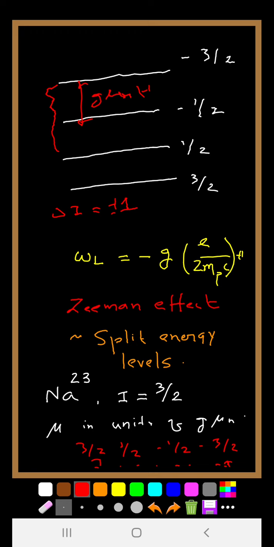Now, the condition required for resonance absorption is not delta I, it is delta mi, the selection rule.